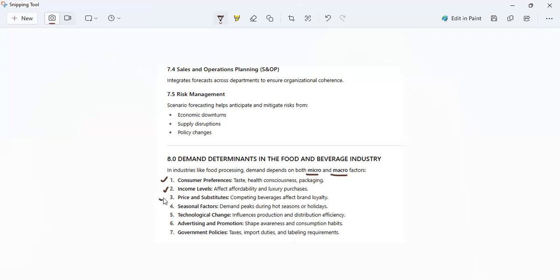The price and substitutes, so competing beverages will also affect brand loyalty. The seasonal factors, whether it's a hot season or cold season. Technological changes will also influence demand, whether production and distribution are efficient. Advertising and promotion shape awareness and consumption habits, and then government policies. All these will affect our demand, so it is important that you know these factors affecting demand.